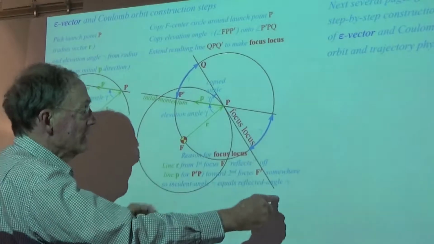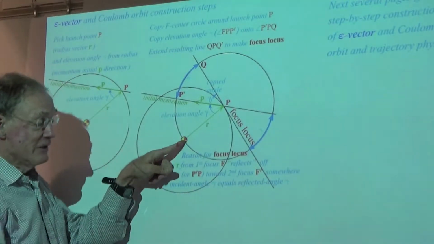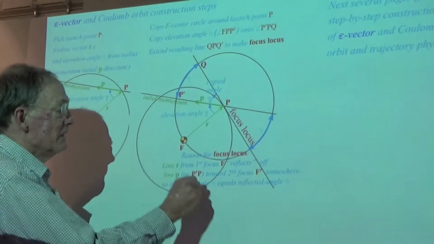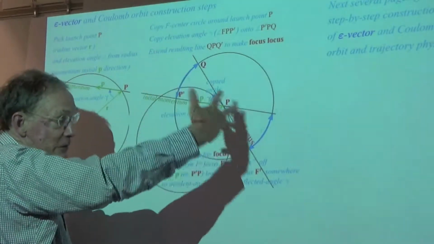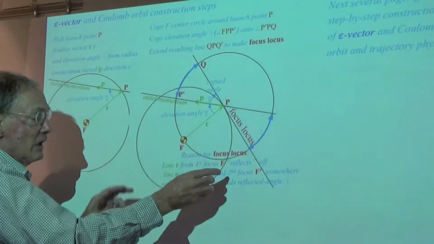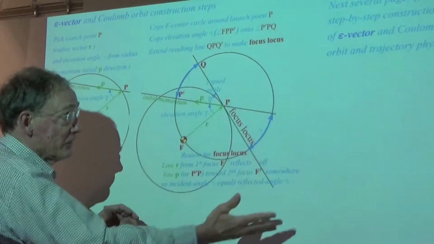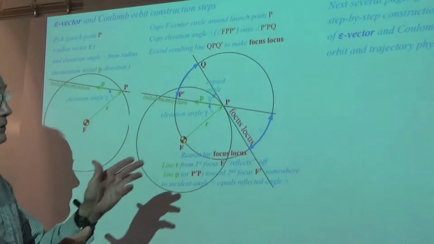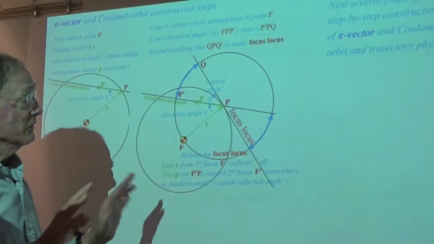Somewhere on that line is the prime focus, F prime. F is the center, but out in the middle of the vacuum somewhere is a magic point that is the other focus for a conic section of some kind. The beauty of this epsilon vector is it knows them all.